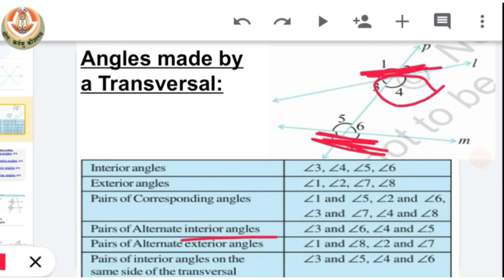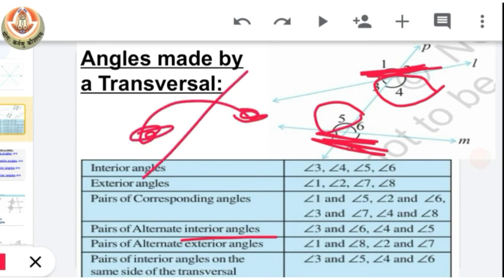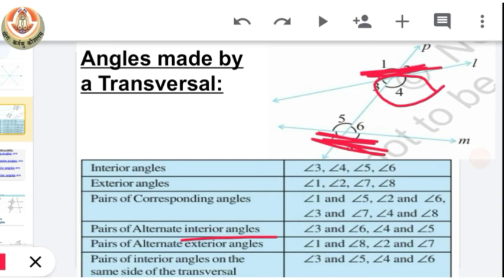So for 4 we have alternate 5. Alternate means the other side of the transversal. So you can see here angle 4 makes a pair of alternate interior angles with angle 5, and similarly angle 3 makes a pair of alternate interior angles with angle 6.